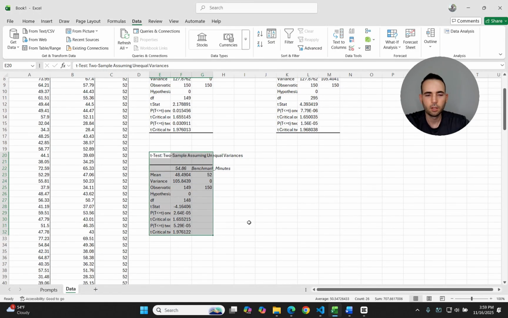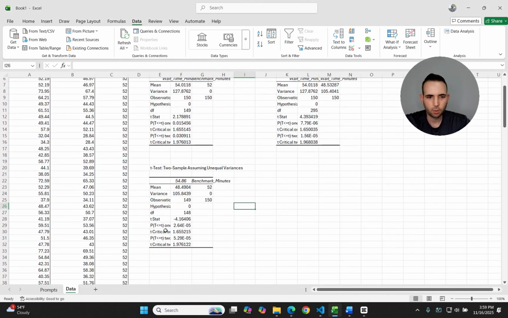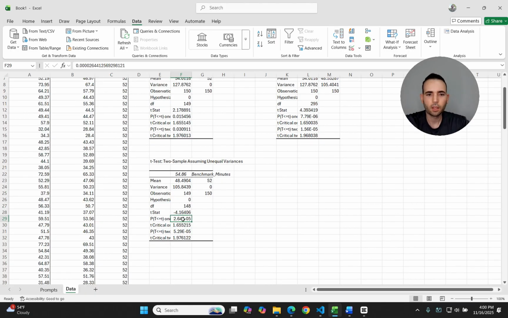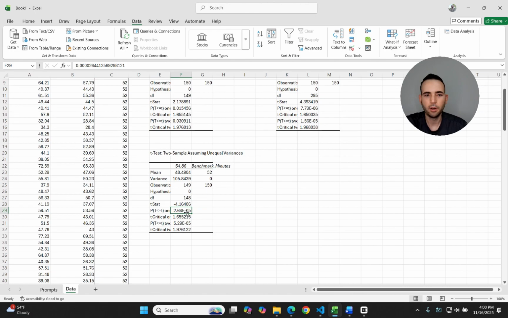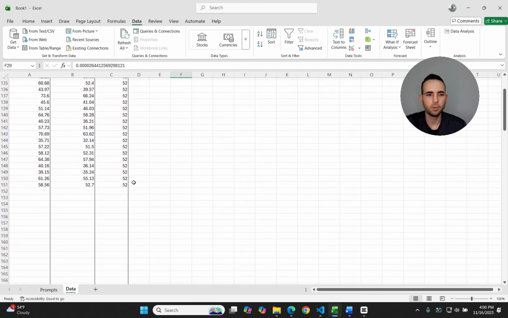Okay. So now we can look at the one-tail p-value. We can again reject the null hypothesis because it is less than 0.05.